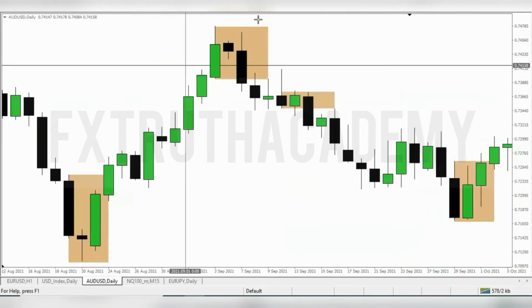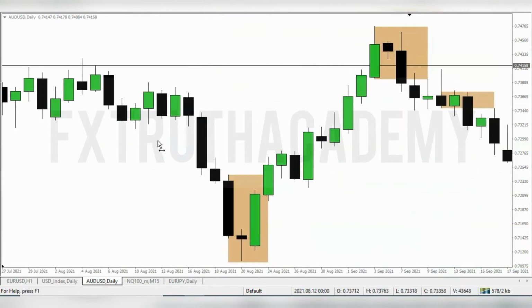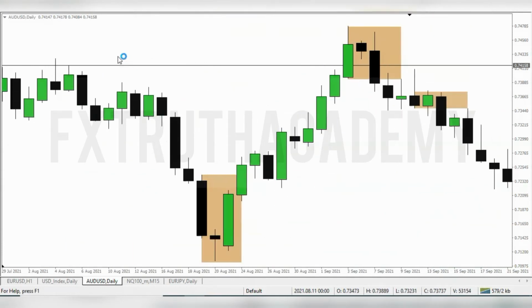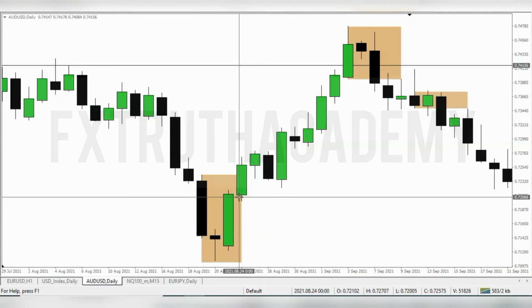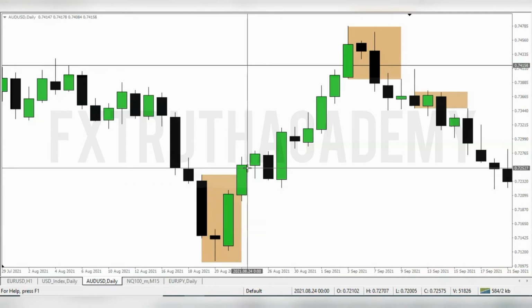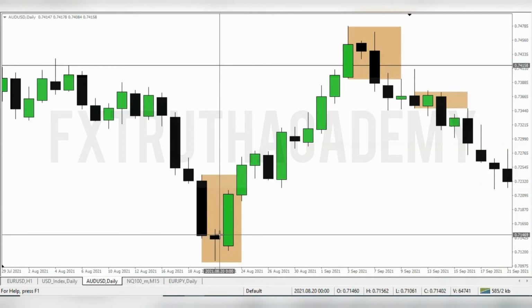So let's zoom out. Right here on the screen, you can see that price traded down all the way from this point. You can see there's been a bearish tone down to this point, and immediately after this down close candle, we saw an impulsive price move higher. And you're like, FX Truth, Isaiah, price didn't trade down into this one.